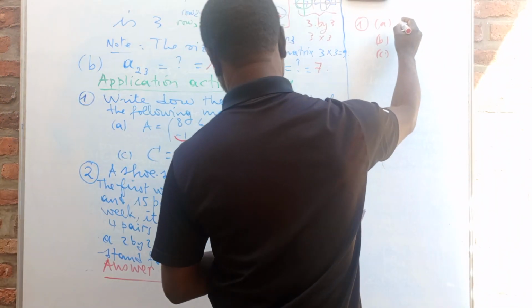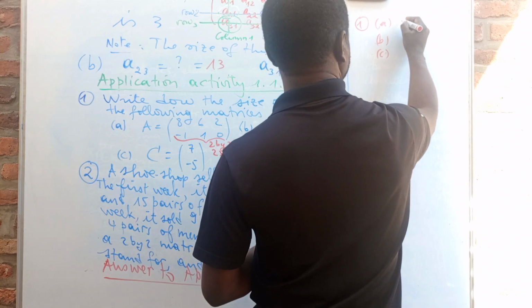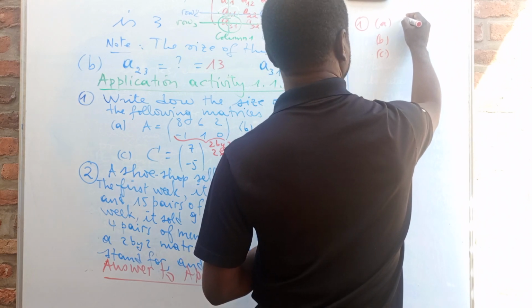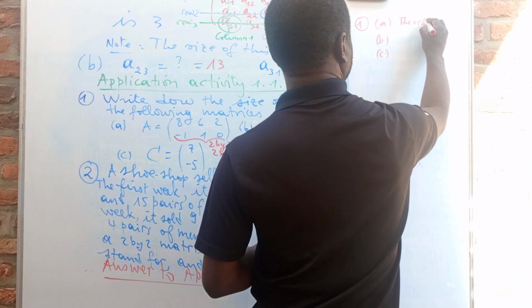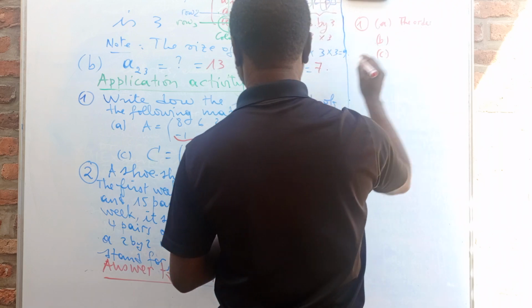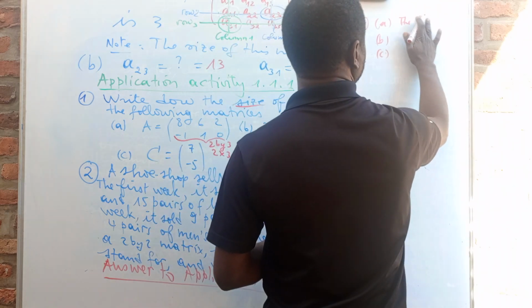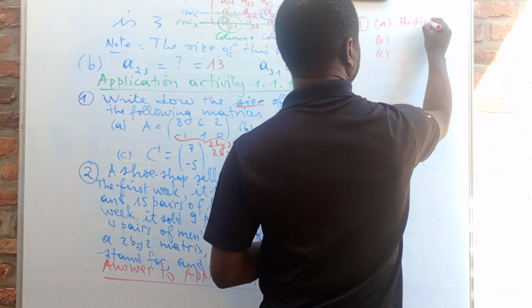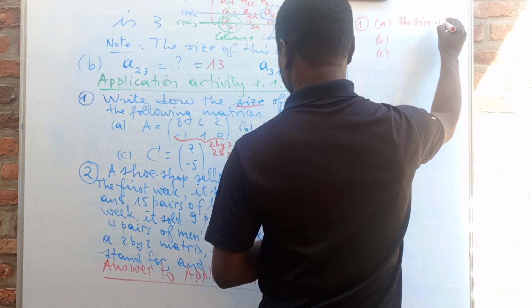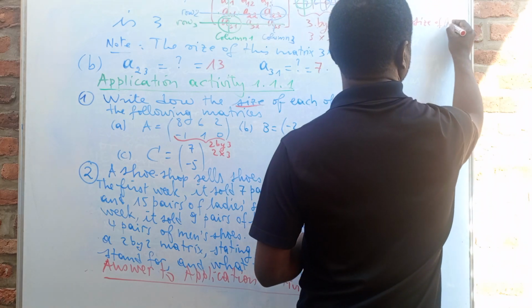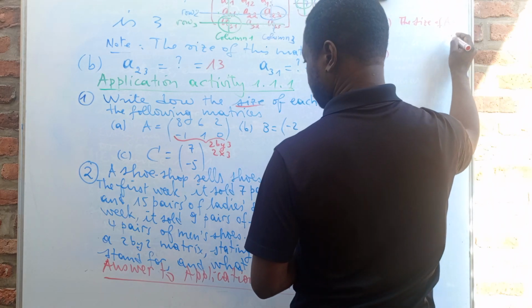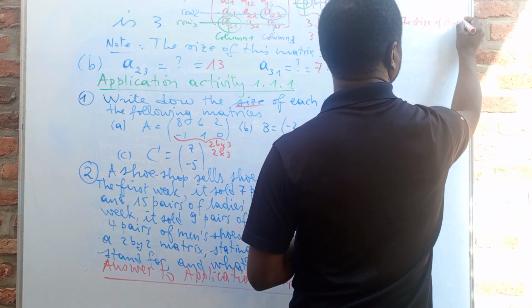So here we have the size, not the order, of matrix A is 2 times 3.